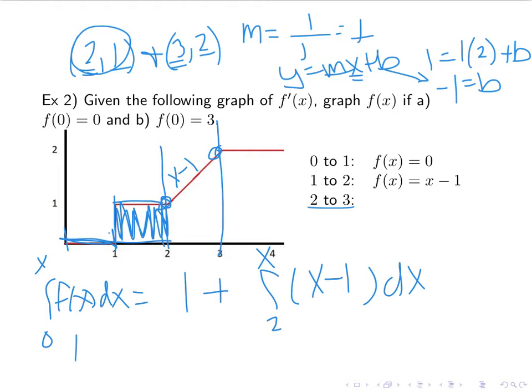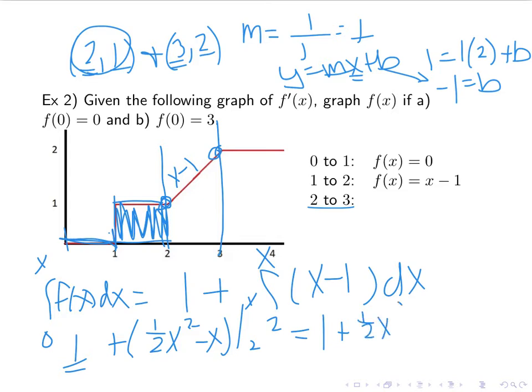So I've got my 1 plus 1/2 x squared minus x evaluated from 2 to x. So that 1 over here is not part of the evaluated from 2 to x, right? That's its own part. So I plug in x, and I get 1/2 x squared minus x.